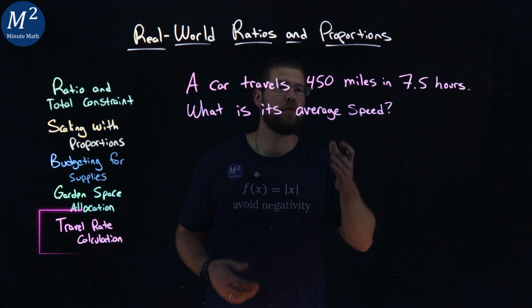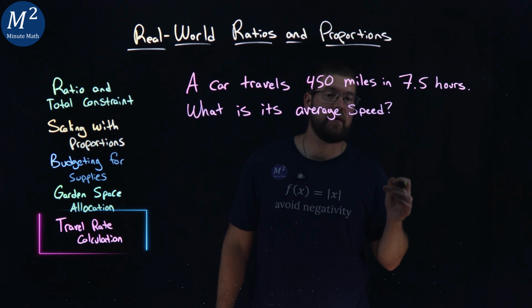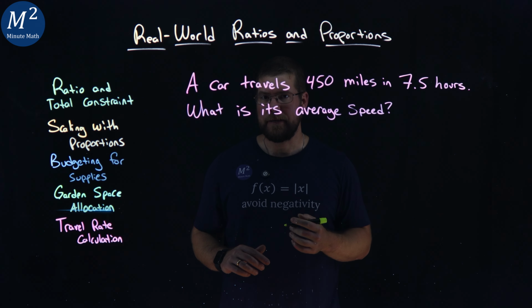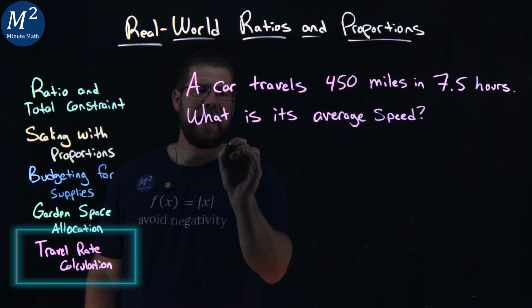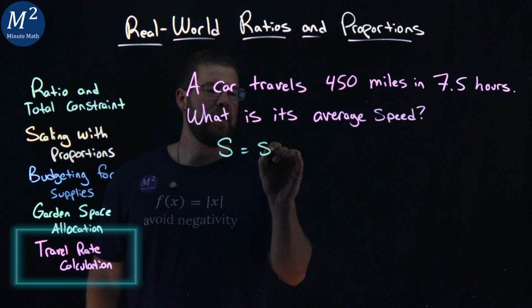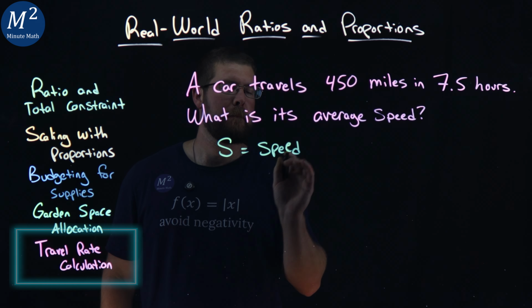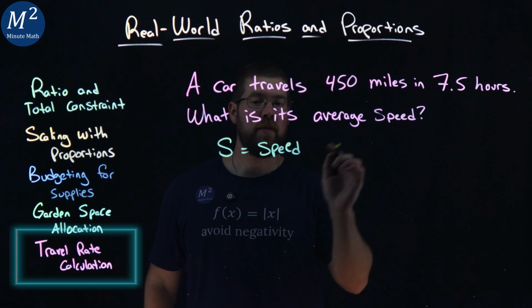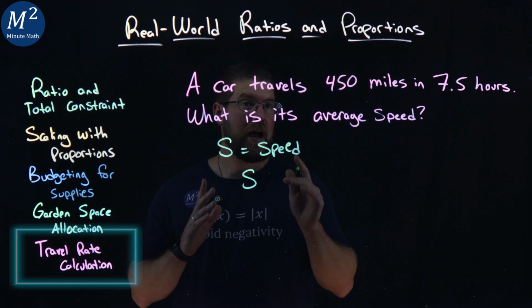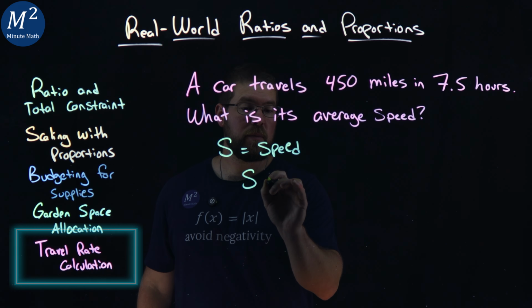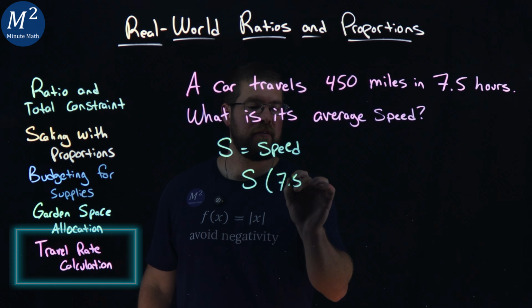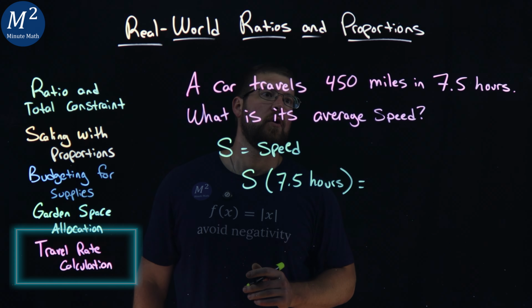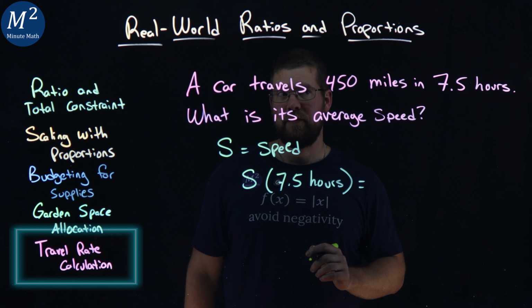A car travels 450 miles in 7.5 hours. What is its average speed? All right, let's let S equal the speed, the average speed of the car. If it travels for 7.5 hours, we multiply the speed by 7.5 hours, and we should get 450 miles.